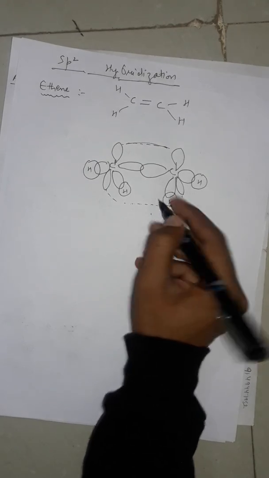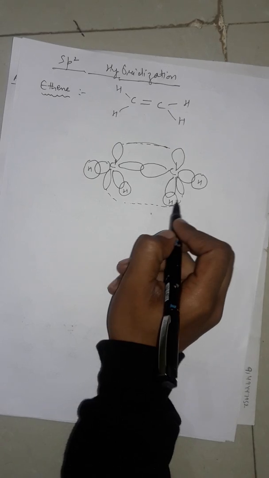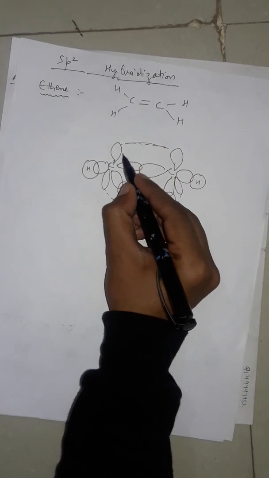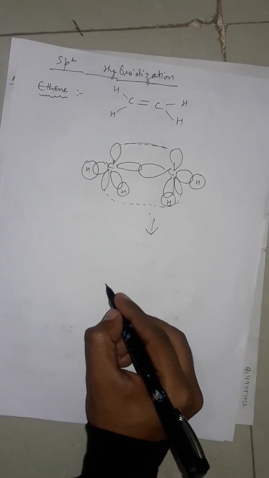Excuse me if my structure is not that good, I just want to make your concept strong. It will be in 3D, so this orbital will overlap with this orbital. Just for simplicity of structure I am showing it like this. So how will it look? It will look like this.